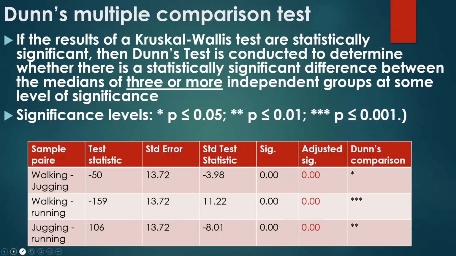Then you have Dunn's multiple comparison test. Okay. So like with ANOVA, if you do ANOVA and you get a statistically significant result, then you proceed to do the post hoc test to look at which groups are different from one another.